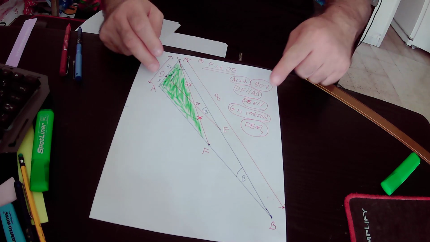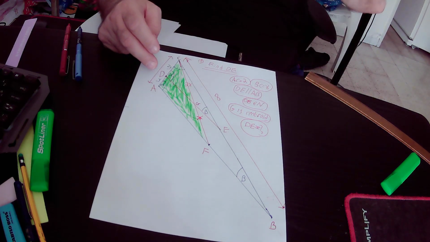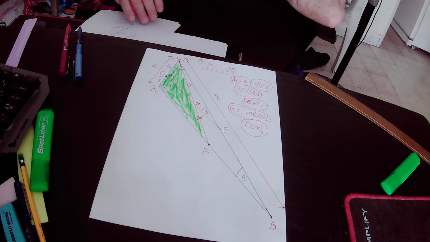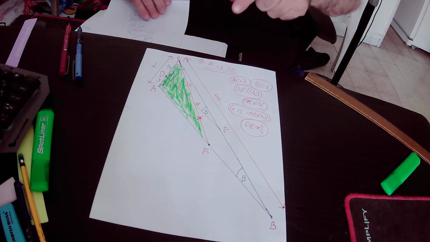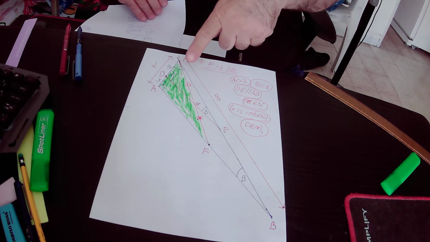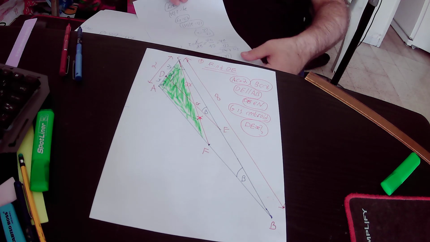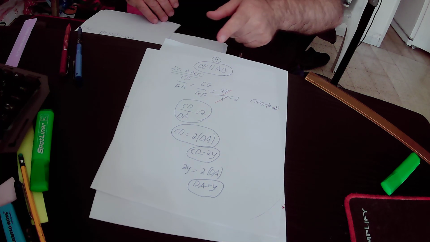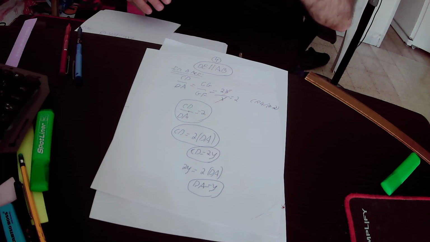Because in our triangle we know that line segment DE is parallel to AB. It is given to us in the question.